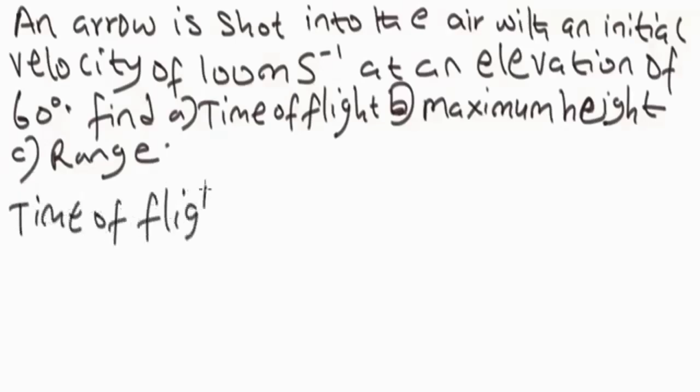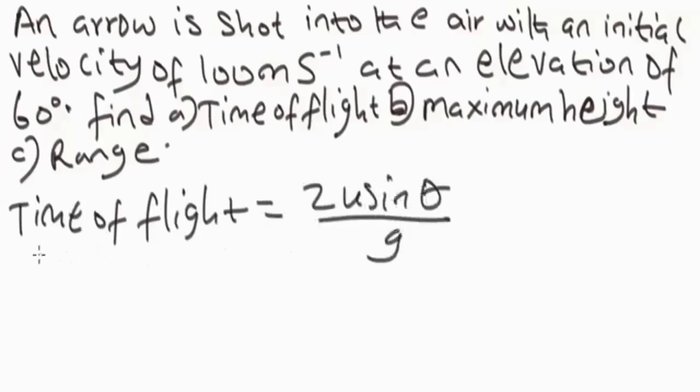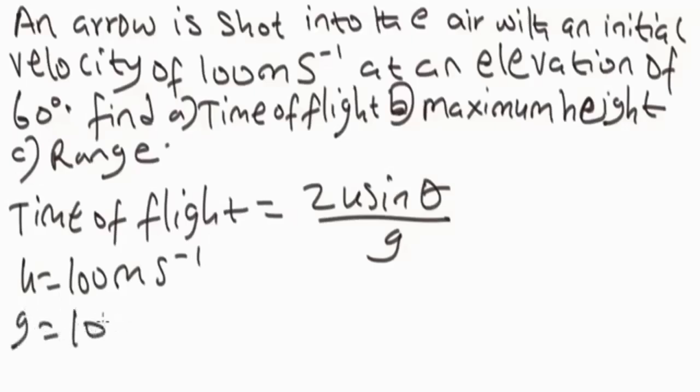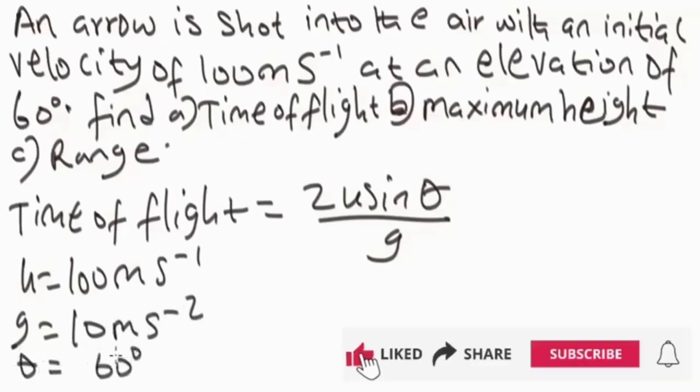Time of flight equals 2u sine theta over g. In this question, our u, initial velocity, is 100 meters per second. Our g, acceleration due to gravity, is a constant, 10 meters per second square, and our theta is 60 degrees.